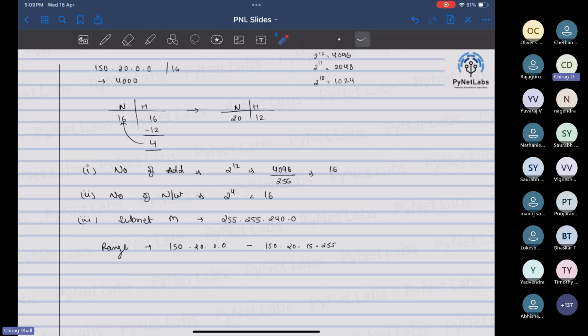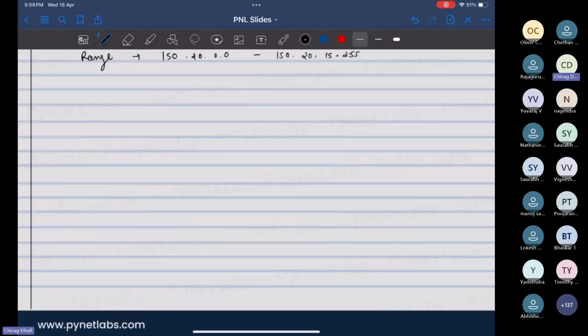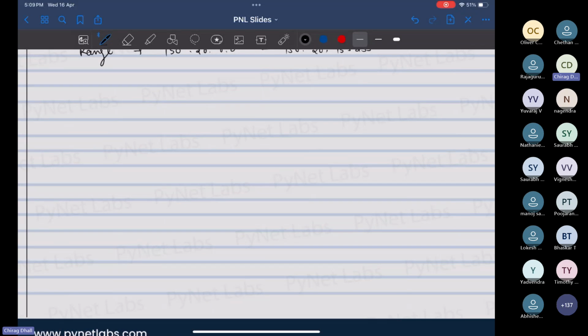Okay, let's look at the last one now. Last one is 172.19.0.0 with a requirement of 10,000 addresses. So 2 raised to the power 13.